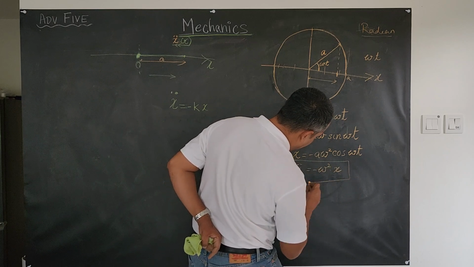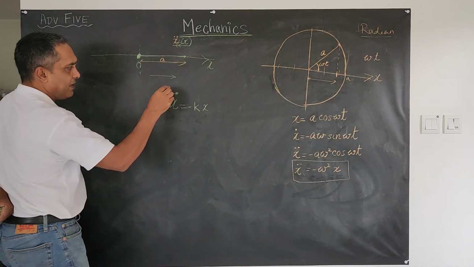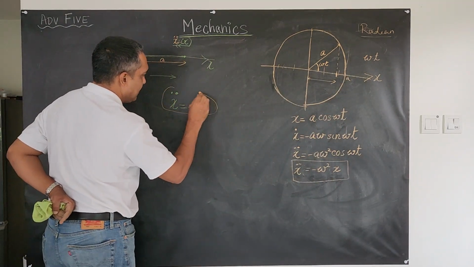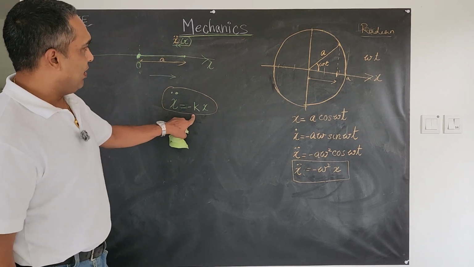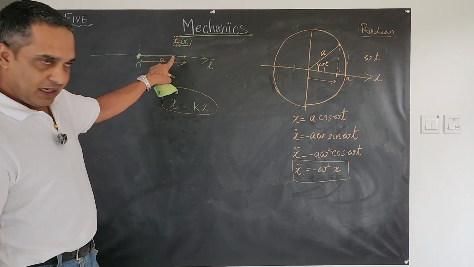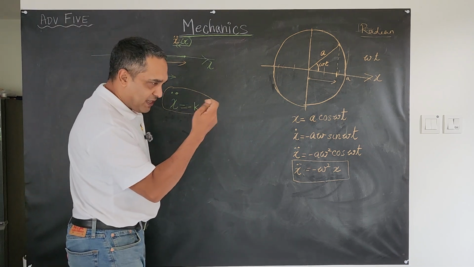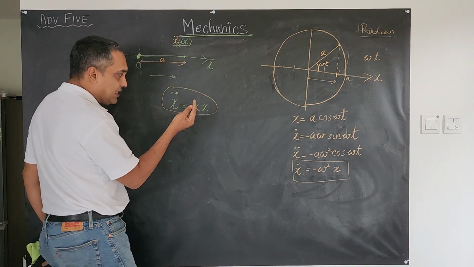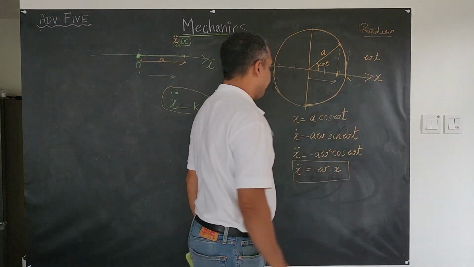And what I think you should remember is this idea of coming up here. My k in a function like this, as long as I am maintaining simple harmonic motion, is the square of a constant angular velocity.